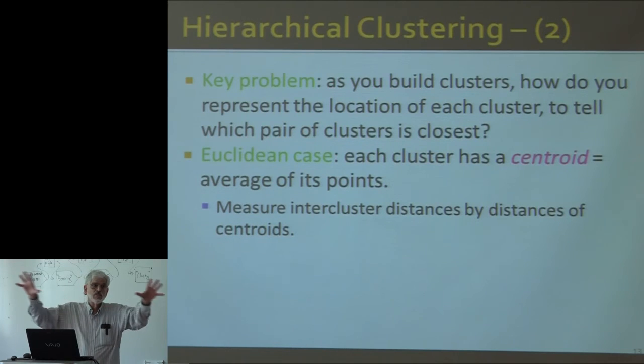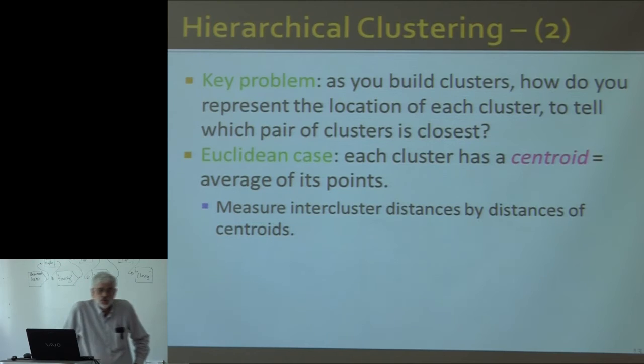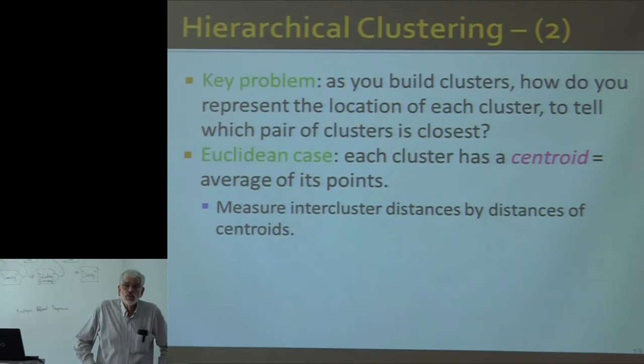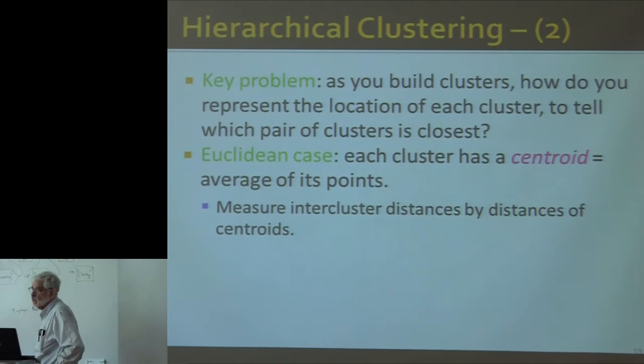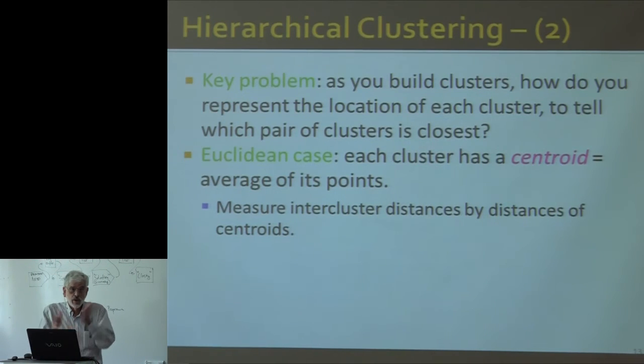That says they may be far apart on average, but they're extending toward each other, so why don't we just merge them into one? In some applications, that probably makes sense. It's more expensive than representing a cluster by the centroid, because now you have to look at each pair of points rather than just looking at the centroids of the two clusters.